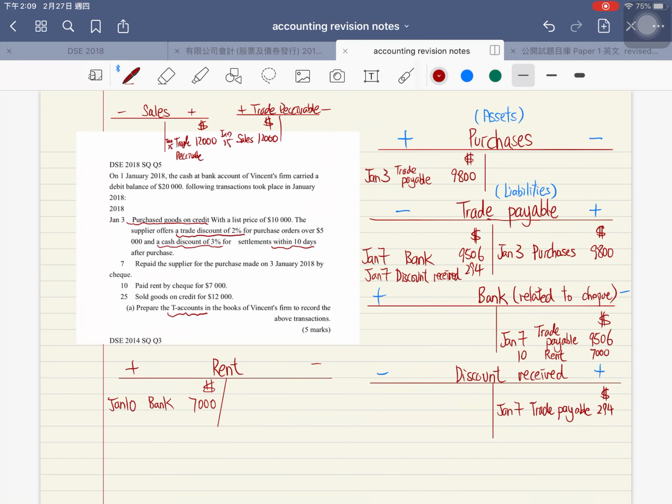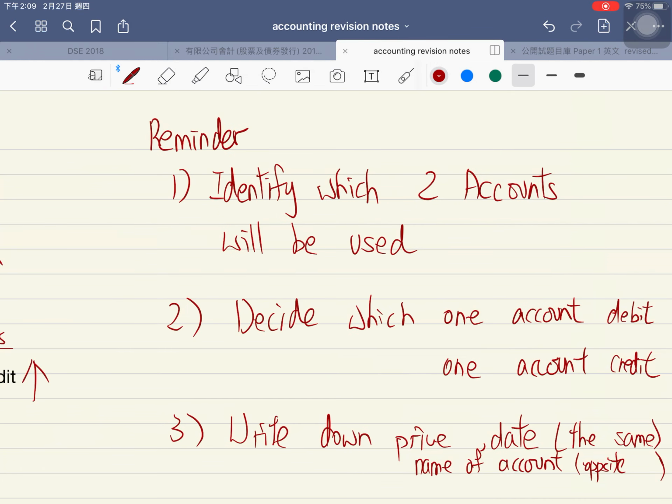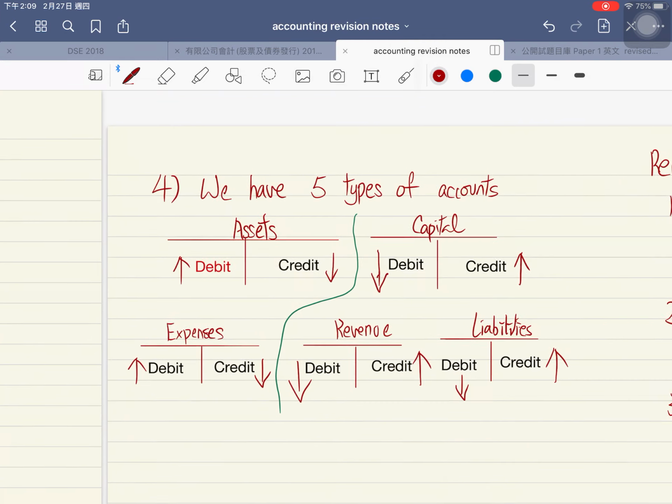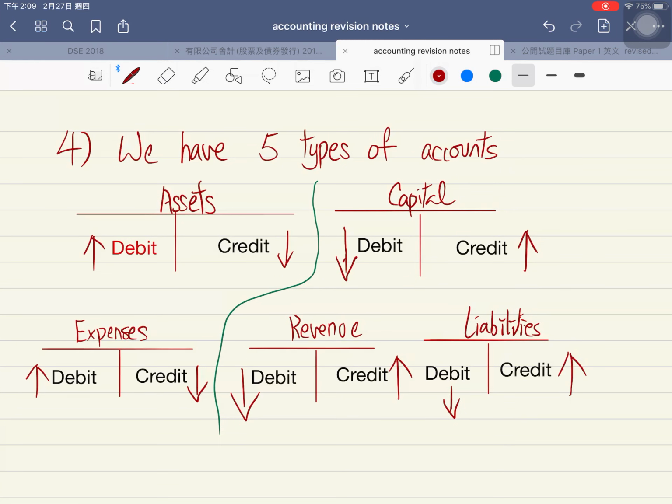Just like for sales, you write down trade receivable. For trade receivable, you write down sales. Okay? So I hope you can learn from this. It is the easiest part for accounts. I hope you may remember these figures. Thank you.